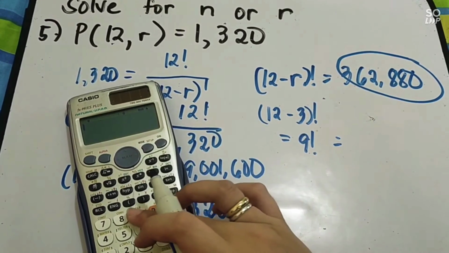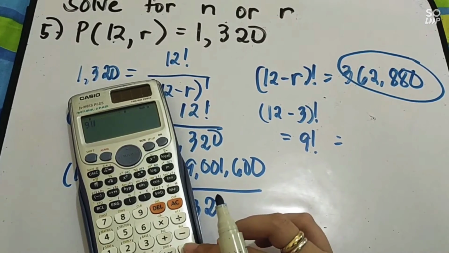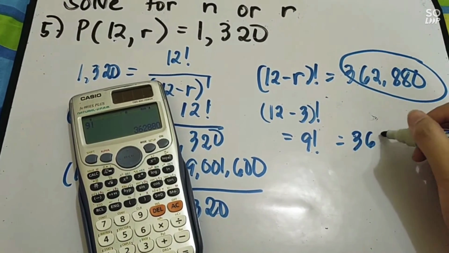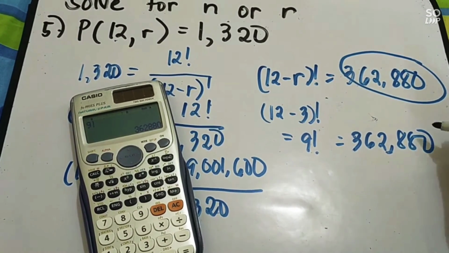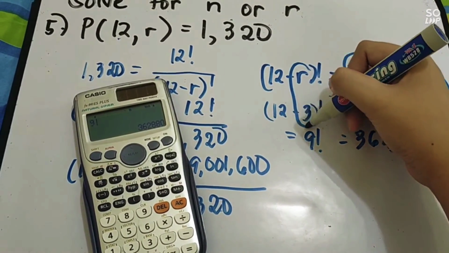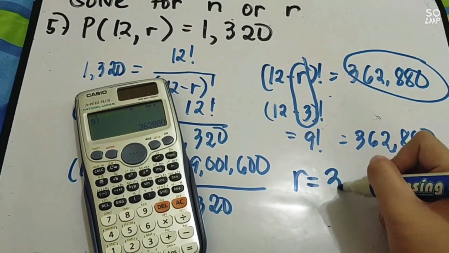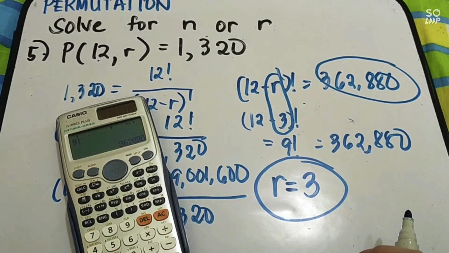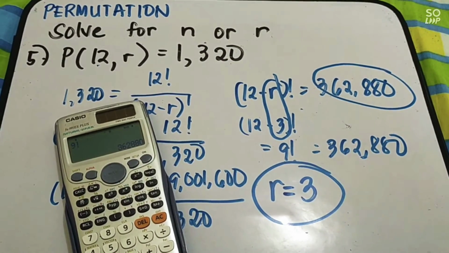If you are going to find 9 factorial, 9 shift, then factorial, is equal to, ayun, lumabas na. We have 362,880. Now, what is your R? This is now your R. Yan. Your R is equal to 3. Yan na. Is it clear? So, that is how will you solve for N or R of permutation.